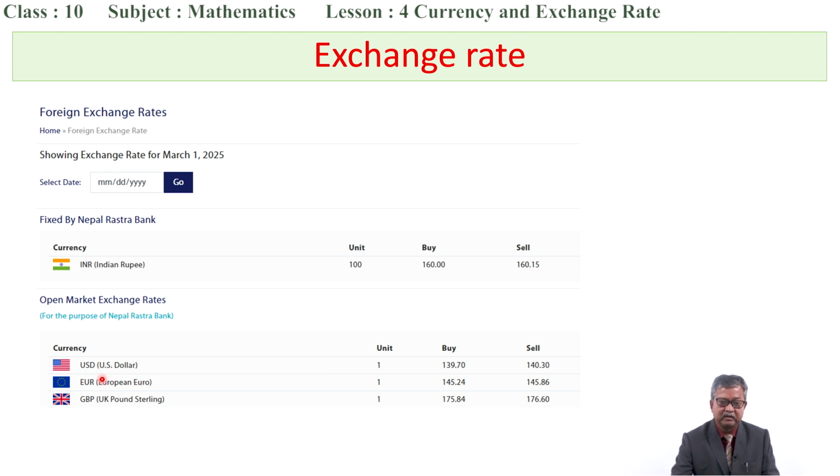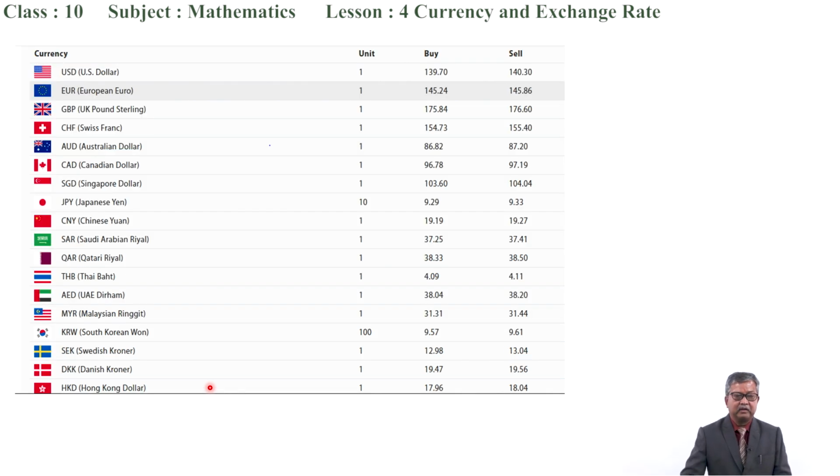Similarly, other countries here, just like USA. Then here is the European country, then here is England, the United Kingdom. In this way, this is the table of the exchange rate of the currency which is published by Nepal Rastra Bank.